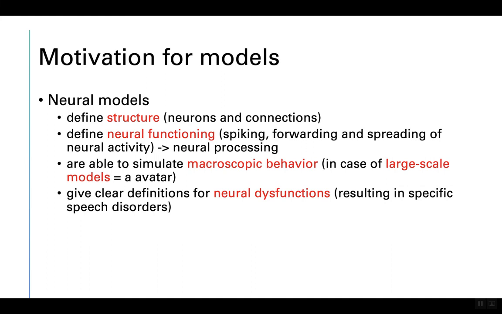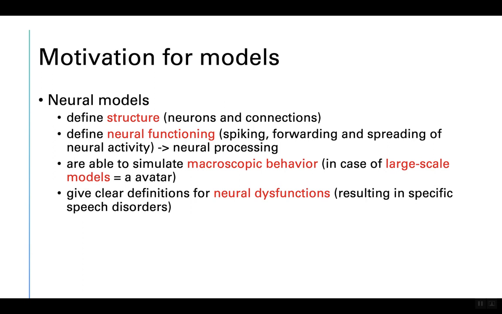So, neural models define the structure of the brain, that means neurons and the connections between neurons. But what may be more important, they define the neural functioning of the neurons and the functioning of the connections. That means the spiking, the forwarding and spreading of neural activity. And that can be summarized as neural processing. So we are able to simulate macroscopic behavior in case of a large-scale brain model if this is embedded in an avatar.